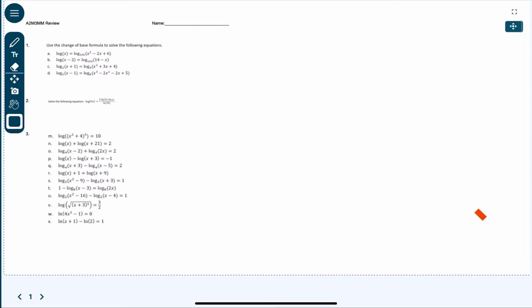Okay, so let's look at D. Same thing. We're going to work with that left side, leave it as 2, and that's going to be what we need to get our right side of the equation to equal. So let's do a change of base, which would be 2.